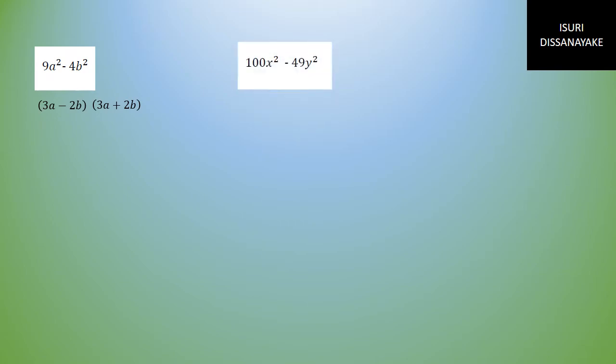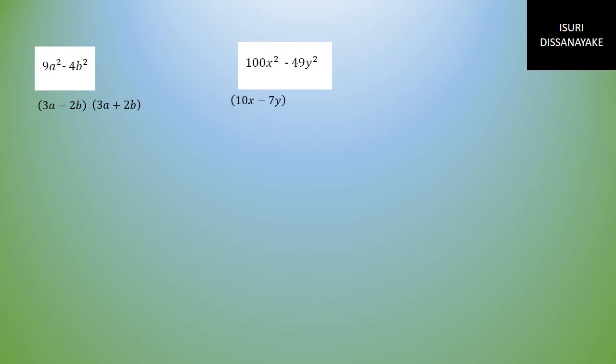100x squared minus 49y squared. So 100x squared means 10 squared times x squared, minus 49 means 7 squared and y squared.